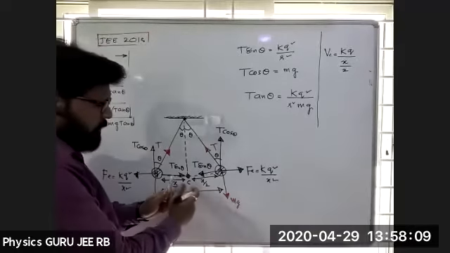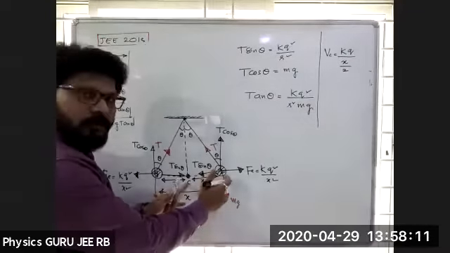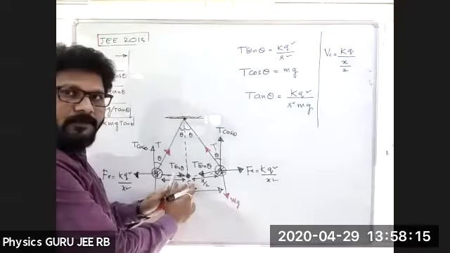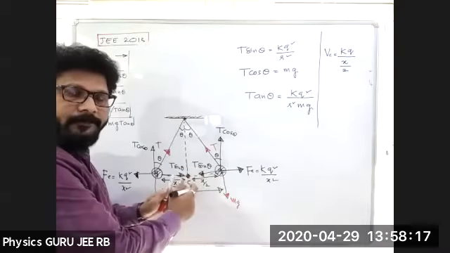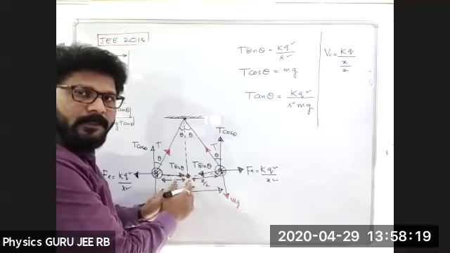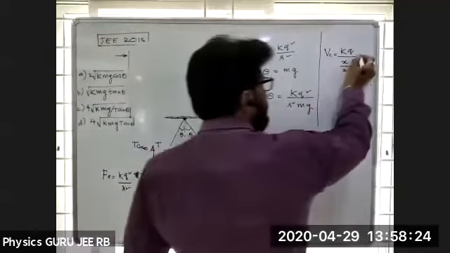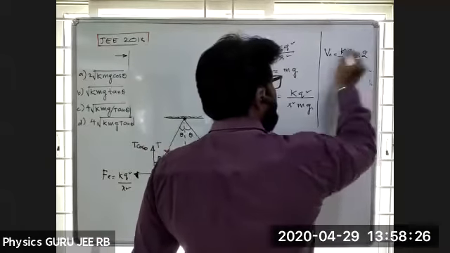At this point, due to this charge one potential will be there, and due to this charge one potential will be there. Both will be added up algebraically because potential is a scalar quantity. So that means into 2.